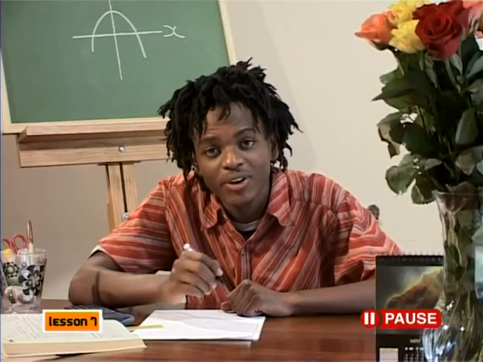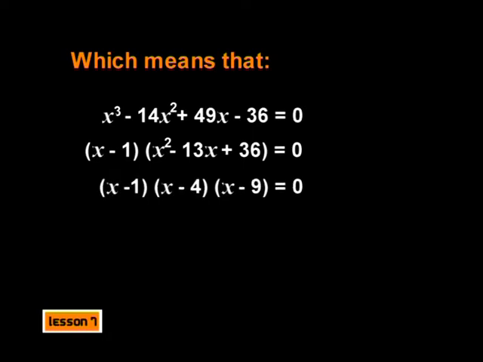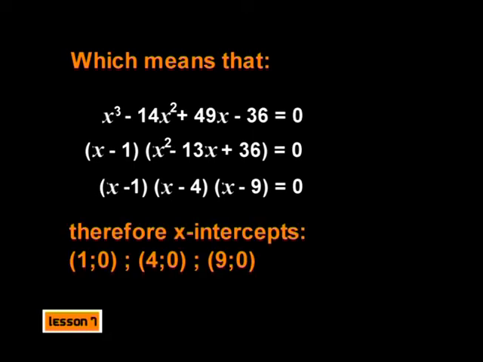Now I need to factorize by inspection, and I will get x squared minus 13x plus 36, which I can factorize like this, which makes the x-intercepts (1, 0), (4, 0), and (9, 0).